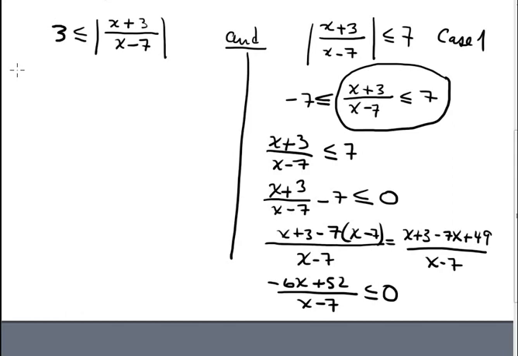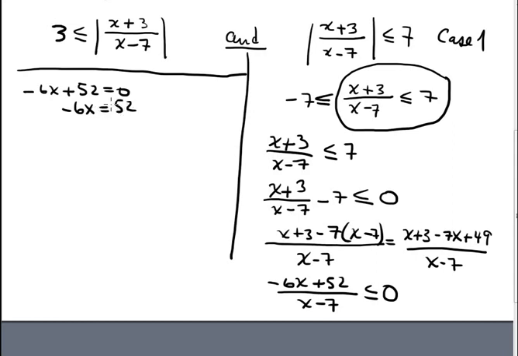Okay, now forget about this for a moment. The critical value is negative 6x plus 52 equals 0. Negative 6x is equal to negative 52, divided by negative 6 on both sides. x is equal to 26 over 3, which is like 8 2/3.